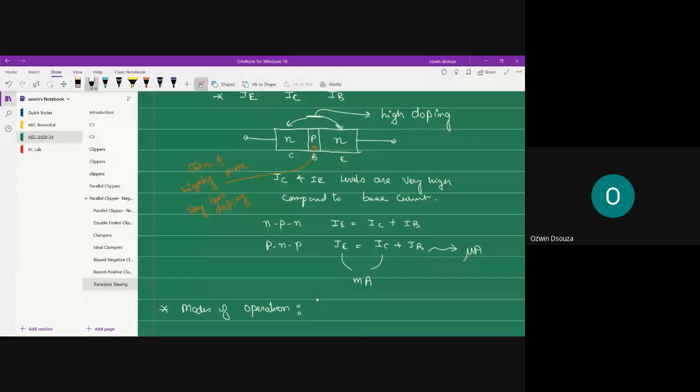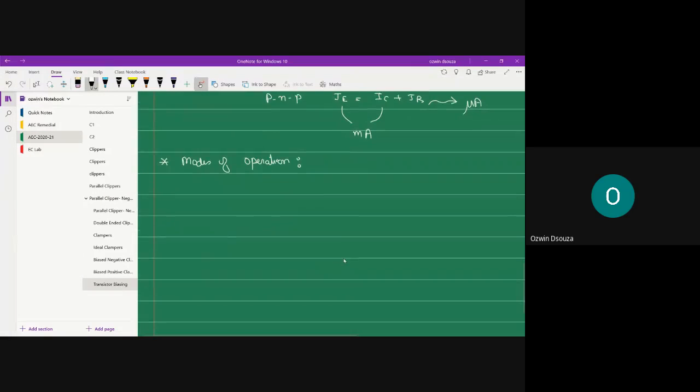Now, what do you mean by modes of operation? Modes of operation is nothing but the manner in which the three terminals of the transistor are connected.